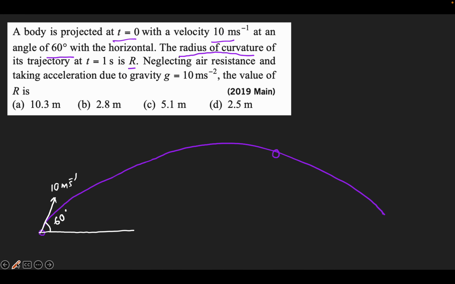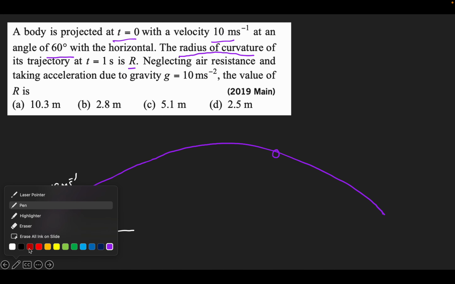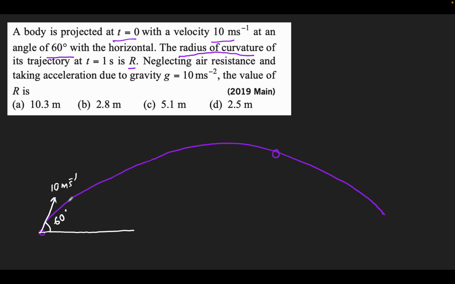What does it mean by radius of curvature? Let me tell you. At every point, the body will have unique locations. Right now the body reached here. At this point it has a velocity, say this is its velocity.